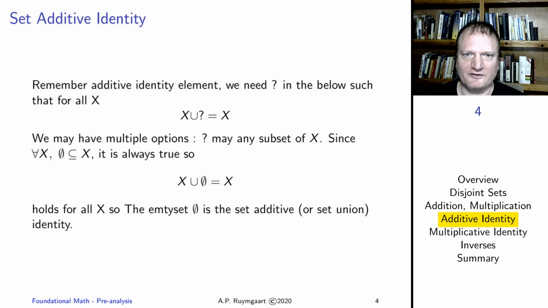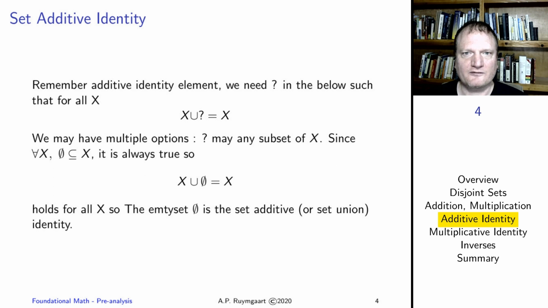Now that we have defined set addition and multiplication as the union and intersection, let's look at identity elements for these operations. So let's look at the additive identity element, or the union identity element.